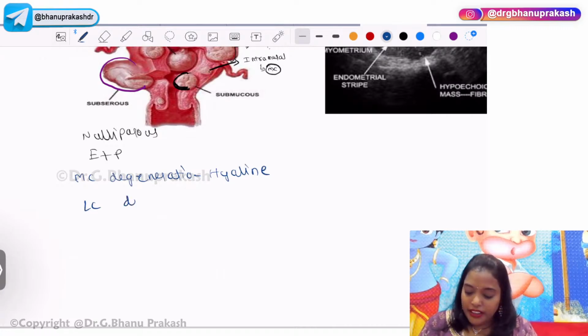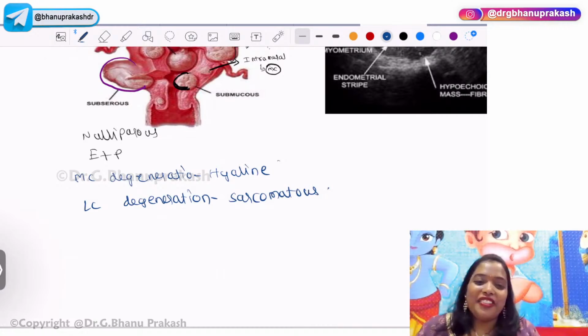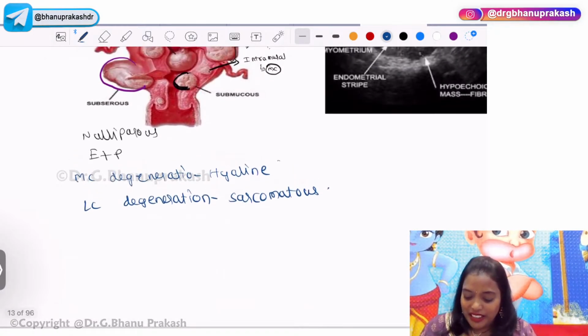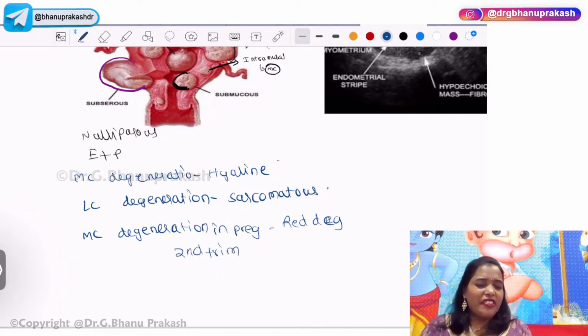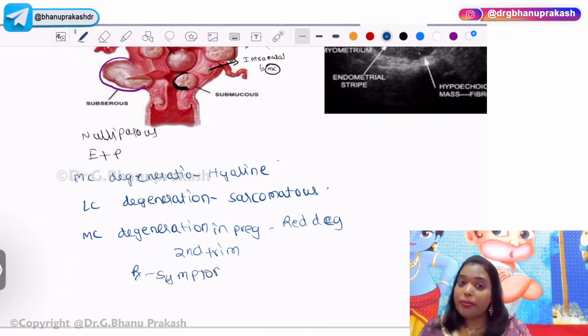Least common degeneration is sarcomatous degeneration. Most common degeneration in pregnancy? Yes, excellent. Only during pregnancy it is red degeneration, which is mainly seen in second trimester, and they'll mainly present with pain and fever. Treatment is symptomatic, but never remove fibroid during pregnancy.